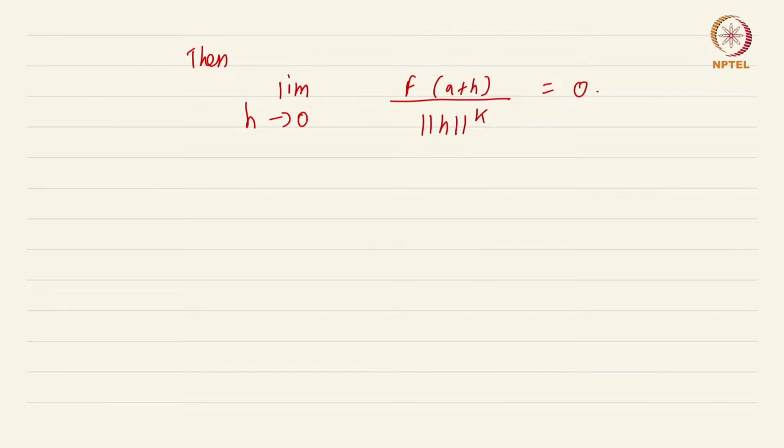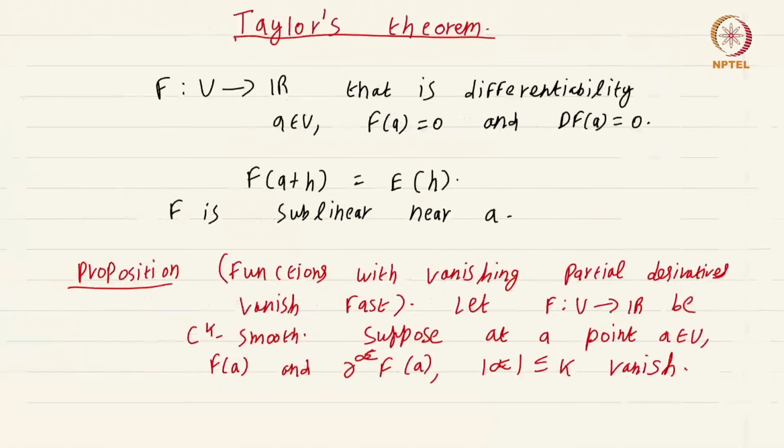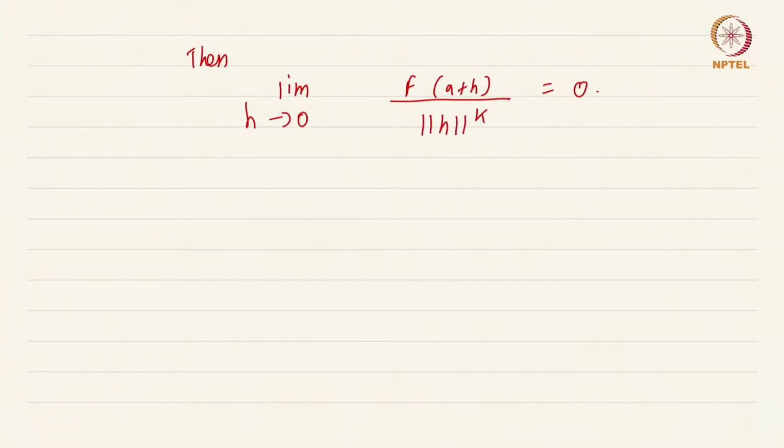Okay, so the conclusion is that f vanishes at the point a really fast. That's captured by saying that even if you divide by norm h to the power k, the function still goes to 0. Okay, so let's prove this. The proof is not hard. The proof just involves induction.